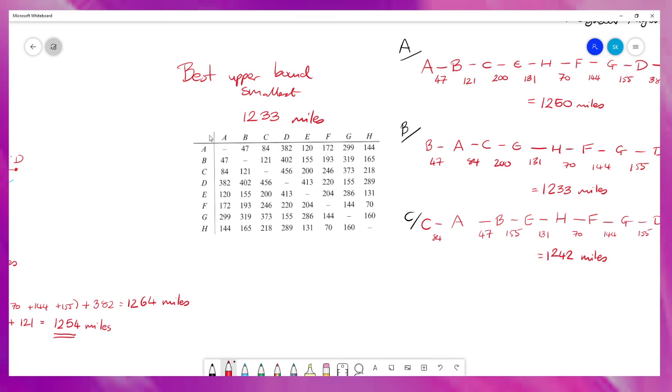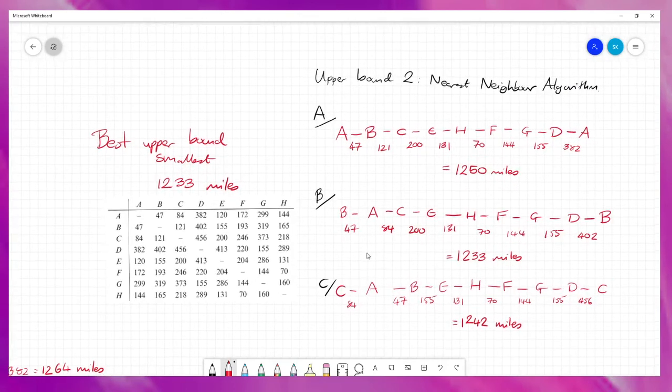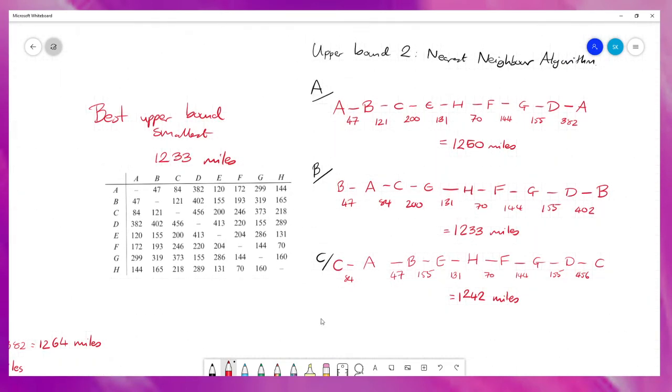You can do it on a matrix, like you do with Prim's, labelling columns and crossing things out. But just to highlight things you need to be careful of: with nearest neighbour, we're always looking at the most recent vertex we're on. If we use Prim's algorithm to find a minimum spanning tree, you are looking at all of the ones you've chosen so far.